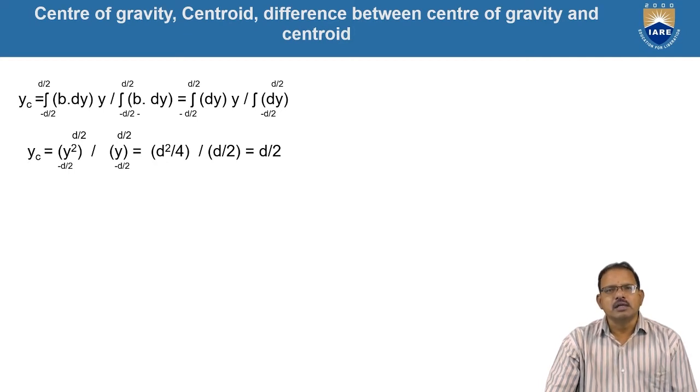B dy is representing the area of the strip, and multiplied by y, that is integration of y dA divided by integration of dA.